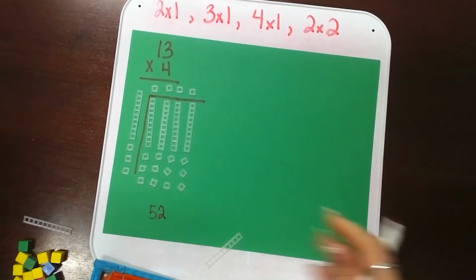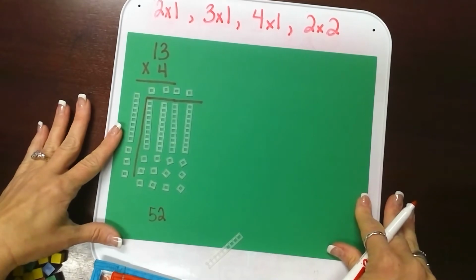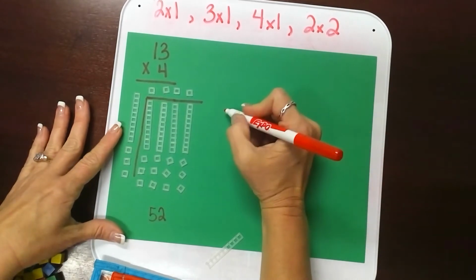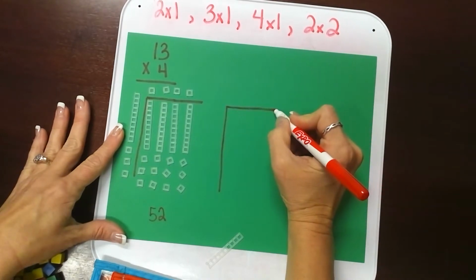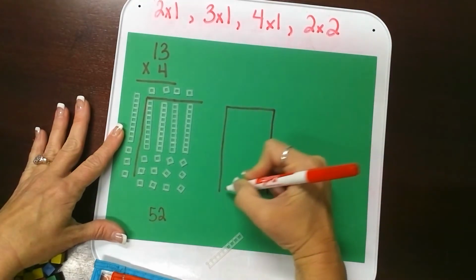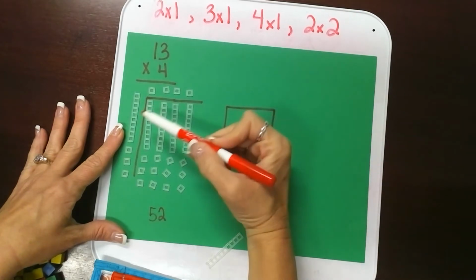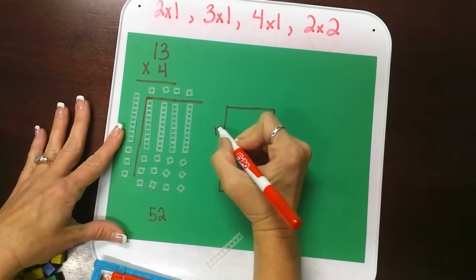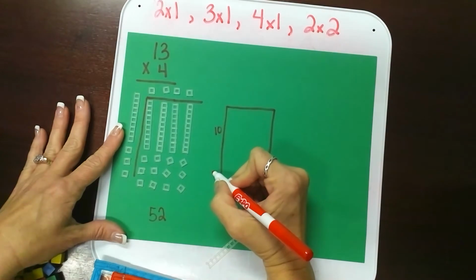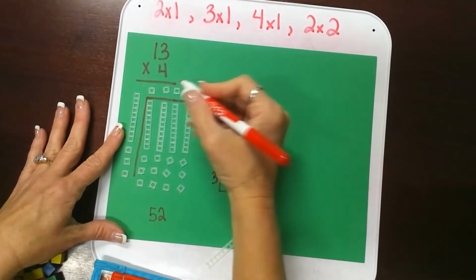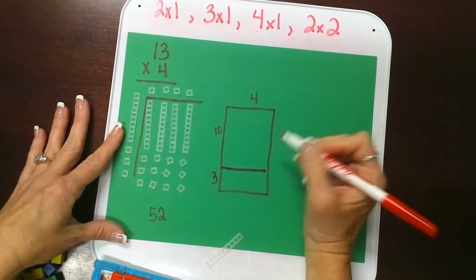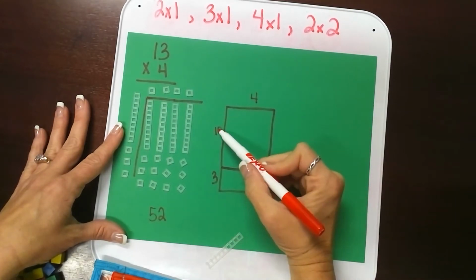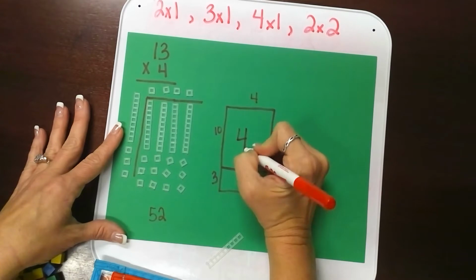Now, I want to show students how this relates. I'm going to say, boys and girls, what if I already have this? What if I finished out the rectangle? I have 10 and I have 3 and I have 4 on top. So I have two sections. I have 10 times 4, which is 40.